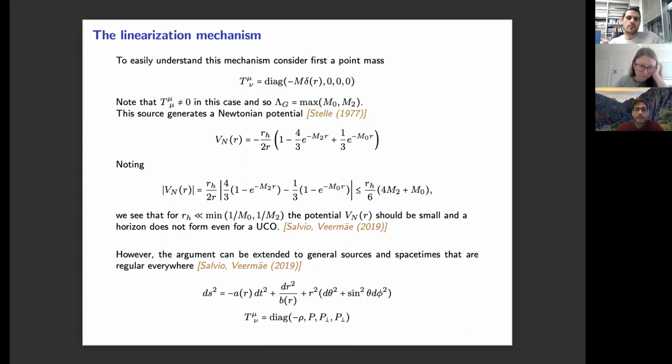However, the argument that I've just said can be extended easily to general sources and spacetimes that are regular everywhere. So spacetimes of this general form, there is a coefficient A in front of the time component, coefficient B dividing the r squared, and some generic energy momentum tensor with an energy density rho and some pressures.